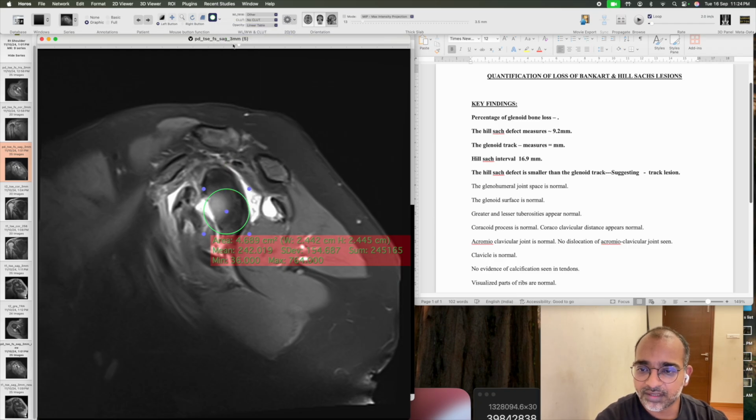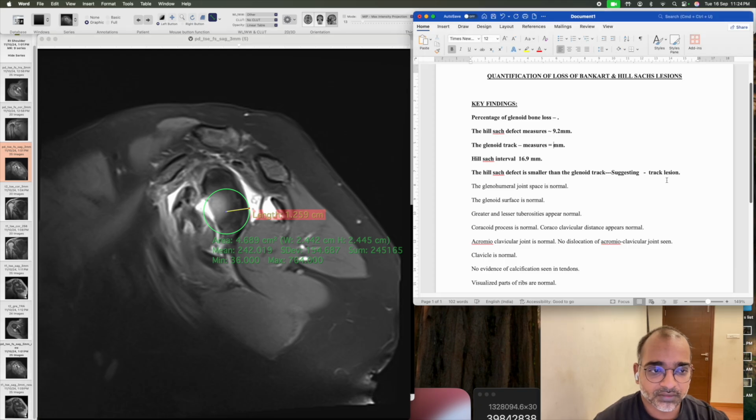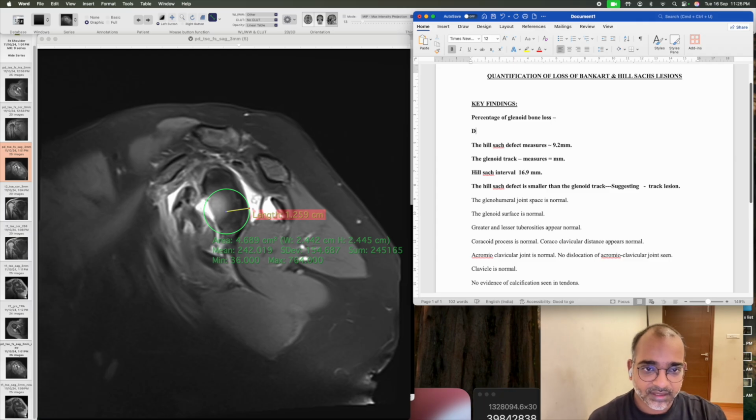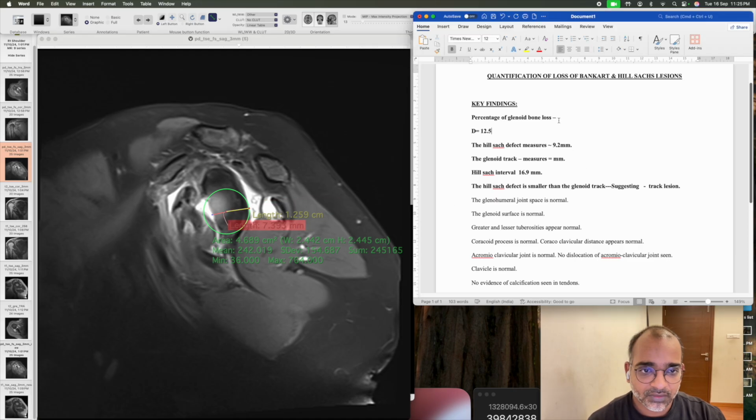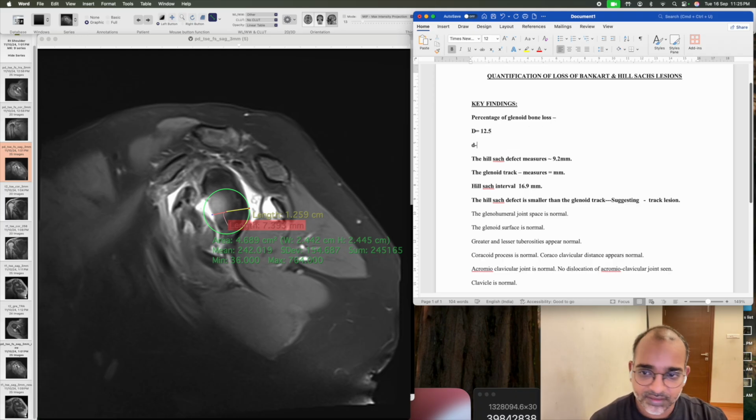And if I take the diameter from the center, I get my D equals 12.5 and small d equals 7.3.